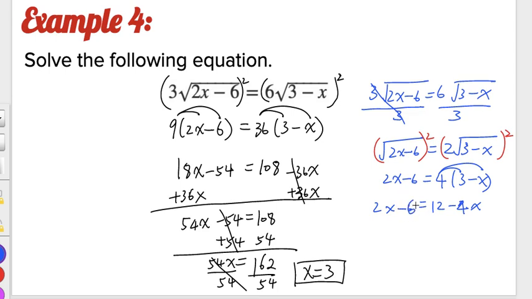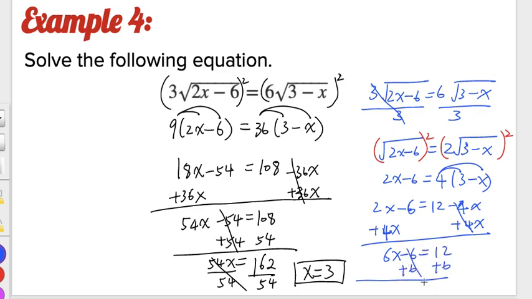Continue. Again, I prefer to deal with variables, but if you prefer to deal with numbers, move everything you can, okay? This is perfectly fine. And then solve like a regular equation. So 6x equals 18. I copy down here, divide by 6, and voila, we have exactly the same answer.